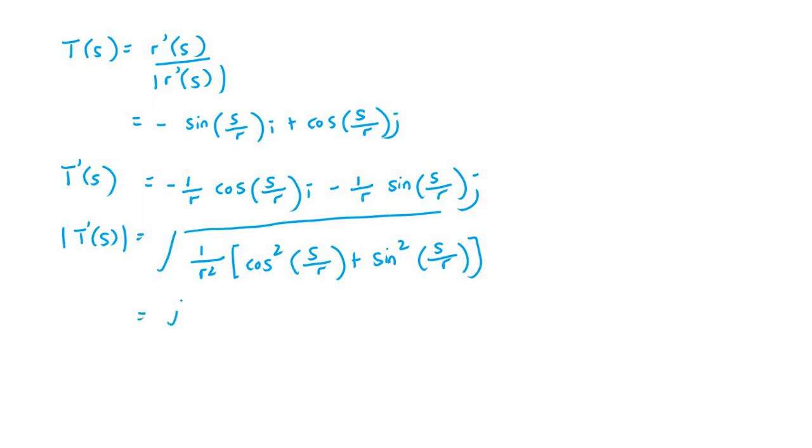So we have the square root of 1 over r squared, which is 1 over r. Okay, that's why kappa, the magnitude of T'(s), is equal to 1 over r.